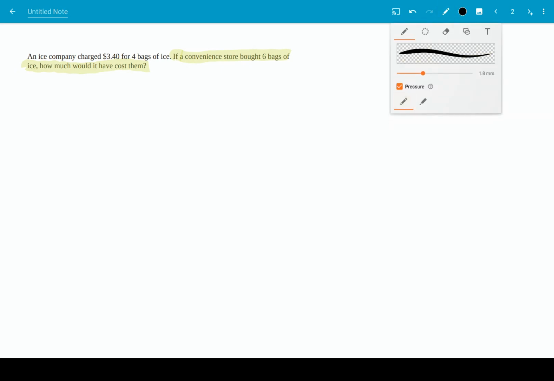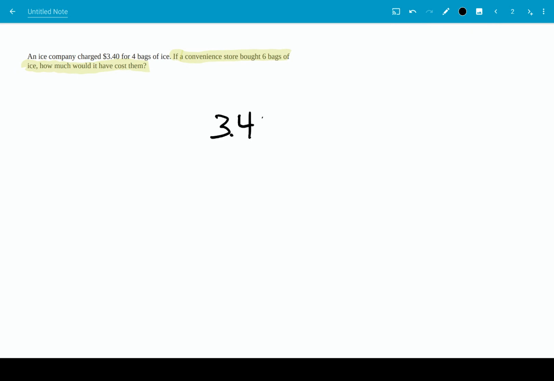So therefore, I have to take $3.40, because that's the total cost, and I'm going to have to divide it by 4, because that's what I need to find out. By doing $3.40 divided by 4, that's going to give me the price for 1 bag of ice, and that's where I want it to be. Okay, so can 4 go into 3? Nope. So I have to put a 0 and move on. Can 4 go into 34? Yes, it can, and it can go 8 times.